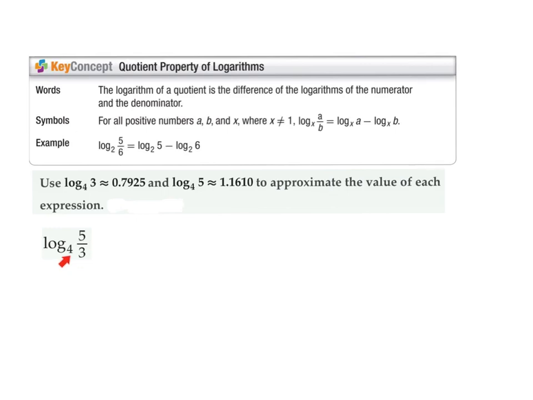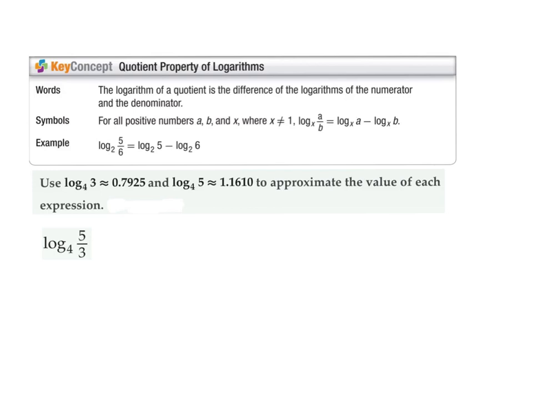Just raise your hand if you think you know what it is. How would I rewrite this problem as two separate logarithms? Andres? No, not quite.